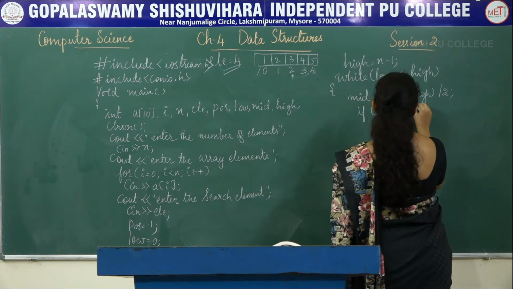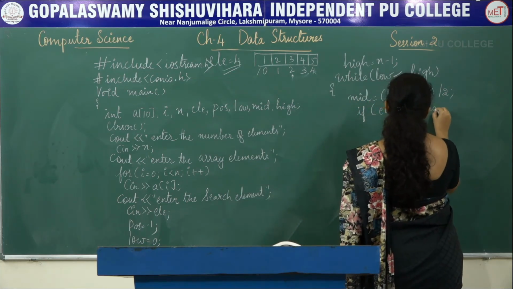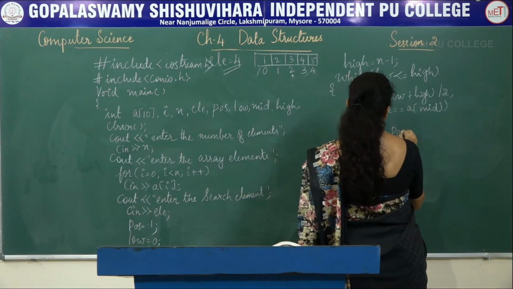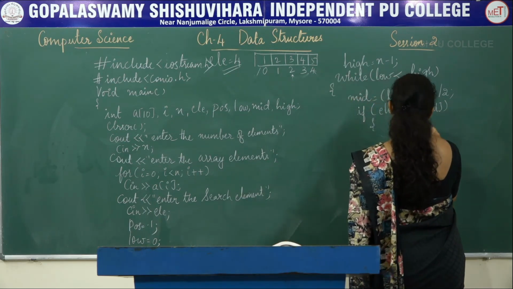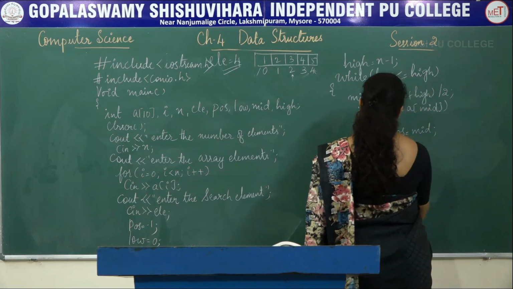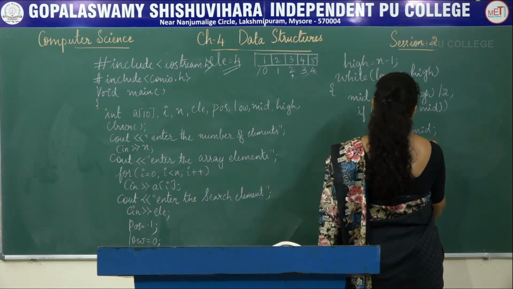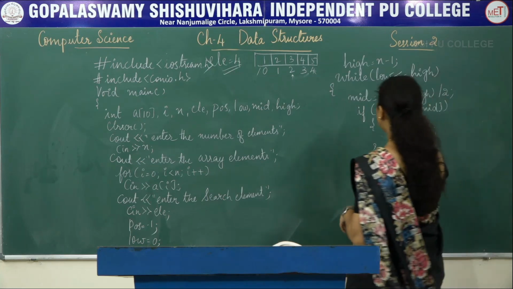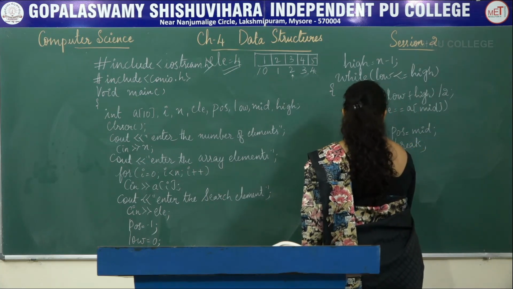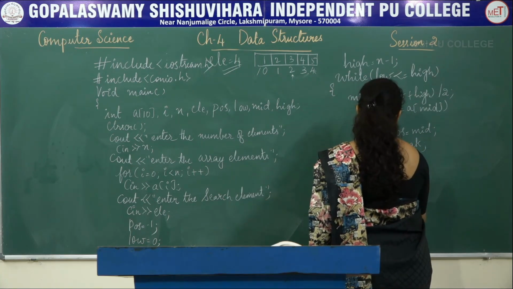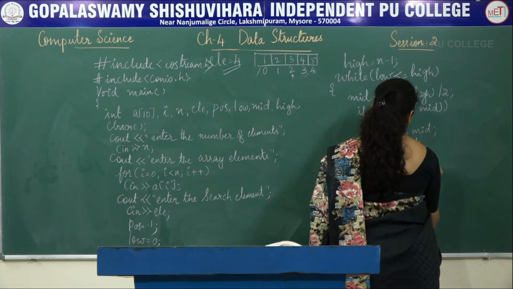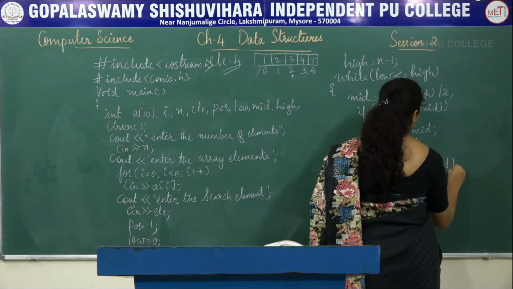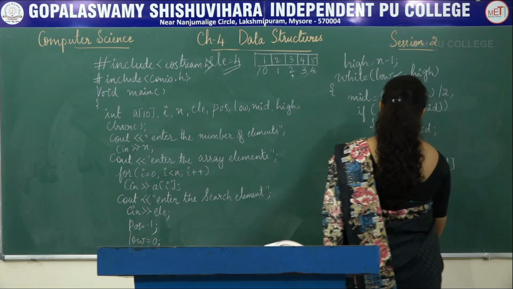If element is equal to A of mid, then the position will be the mid element, else if element is less than A of mid, then what we have to do?